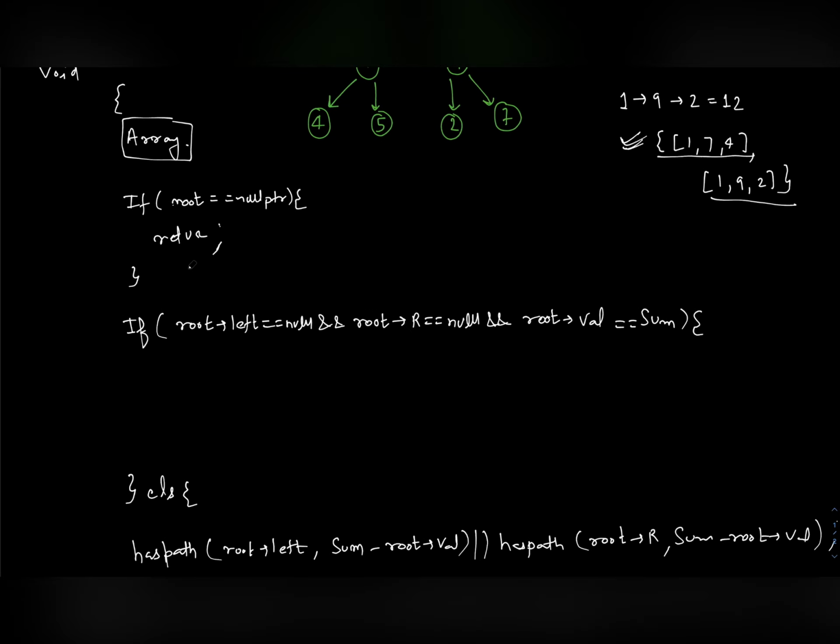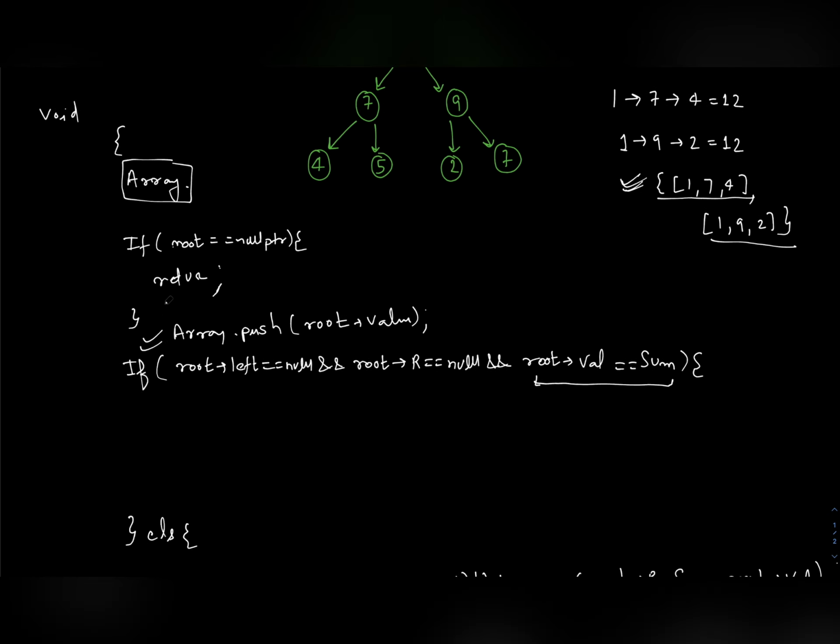Now we'll push our node into this array. Array dot push our first node, that is going to be root value. Then we check if root value is equal to the sum, and we have this whole array.